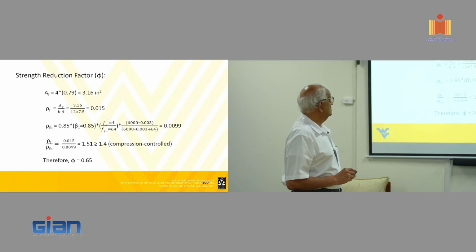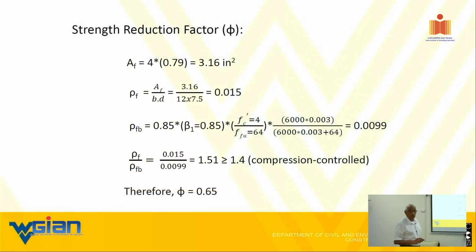So the strength reduction factor, somebody was asking me yesterday, for compression is given right there. That is the strength reduction factor. So how do we know that this is going to be compression? That's the first question. How do you know?